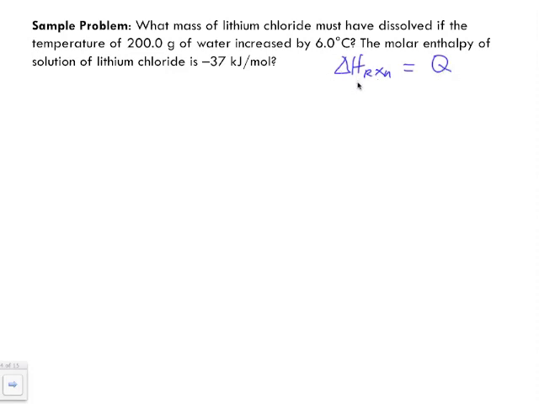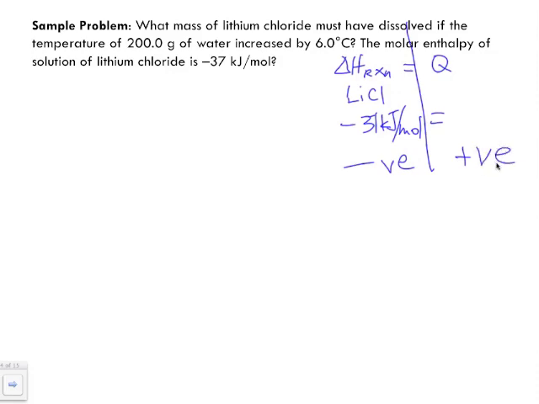So in this reaction, we've got lithium chloride. Now this lithium chloride value, this delta H, we are getting to be a minus 37 kilojoules per mole, which means this Q value, because if this side is negative, this side is going to be positive.